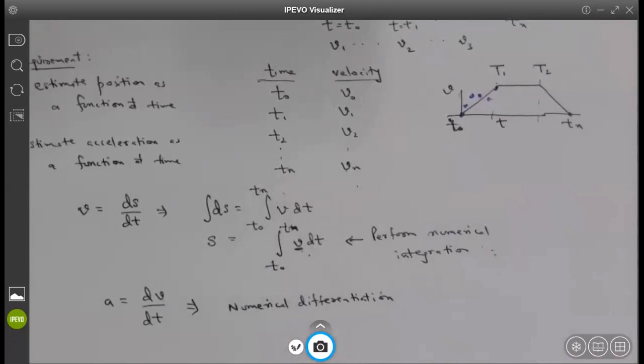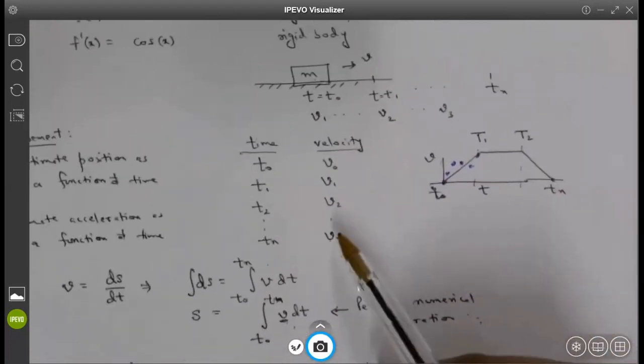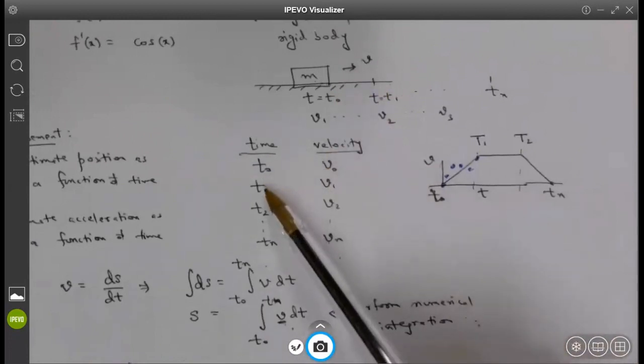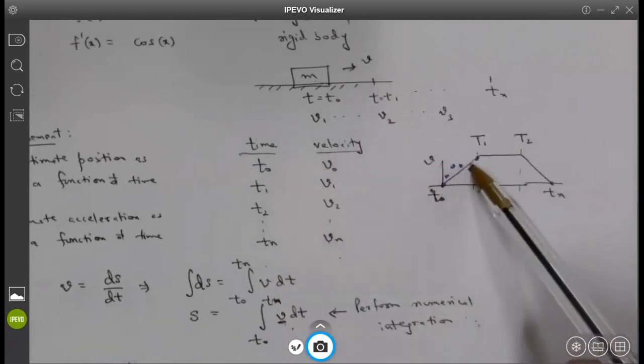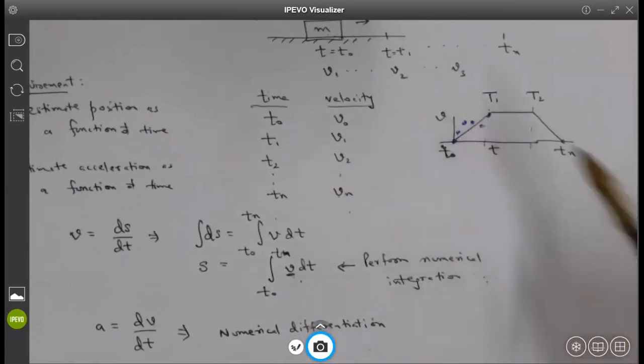Any idea that comes to your mind? You have a bunch of data points that come from the measurement. So you basically have a set of velocity measurements at time t equals t naught and so on and so forth. Without knowing any of the numerical integration and differentiation techniques, you are asked to determine the acceleration. How will you do that?